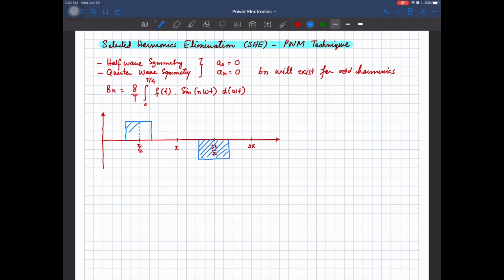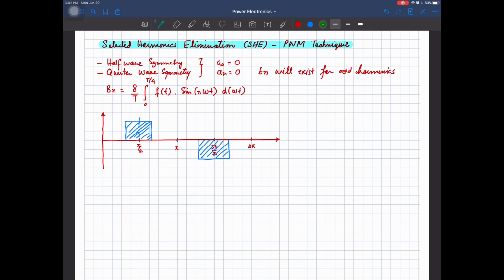In this pulse, there exists half wave symmetry as well as quarter wave symmetry, because if you look around pi by 2, the equivalent part is available in the next quarter cycle if we flip across that point, and if you flip and invert across the half cycle point, you get the same waveform. So quarter wave and half wave symmetry exist.